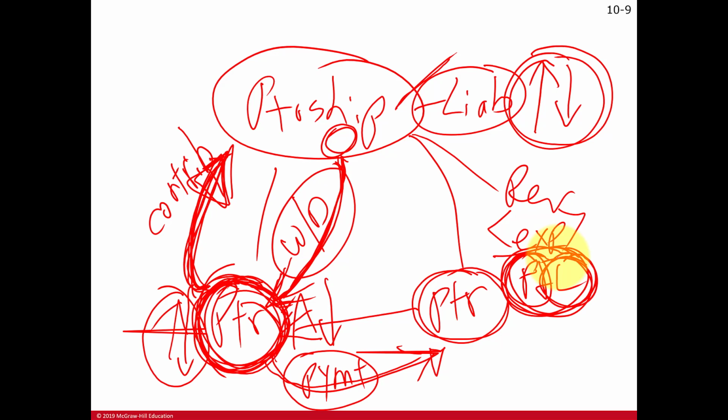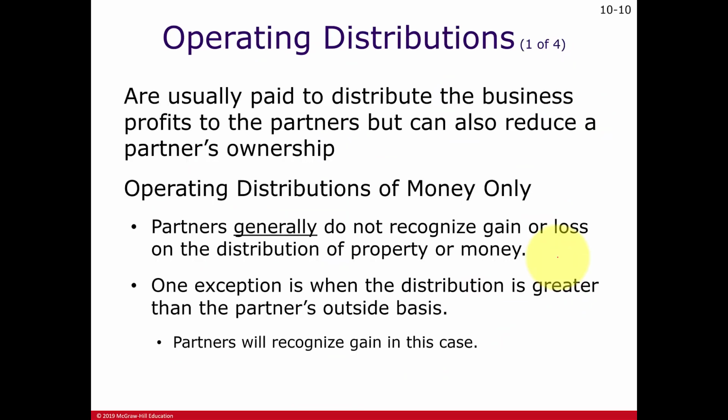Let's take a look at distributions from the partnership where the partner continues to be a partner in the partnership. And in part two, the next video, we'll take a look at distributions where we're going to liquidate the partner. The partner doesn't continue to be a partner. So the easiest situation again is when we're just dealing with money.